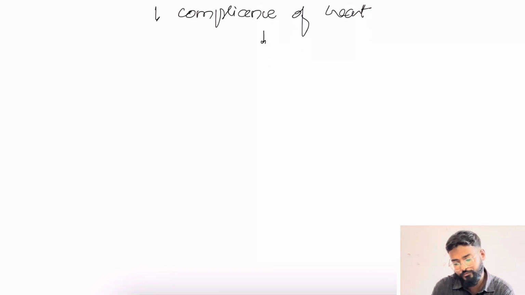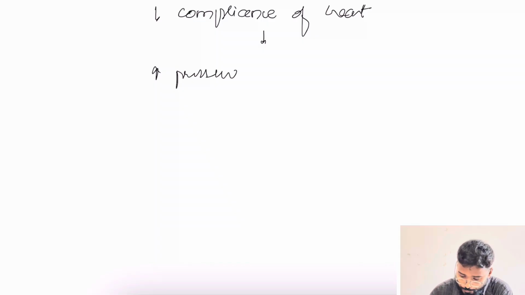So whenever there is a decrease in compliance of the heart, there is going to be increased pressure, because the same amount of volume of blood is going to impose more pressure, because the ventricles are not going to expand. Let's suppose the ventricles are normal and accommodate, let's just say, 120 ml of blood in the left ventricle. Now the left ventricle is not able to expand that much.